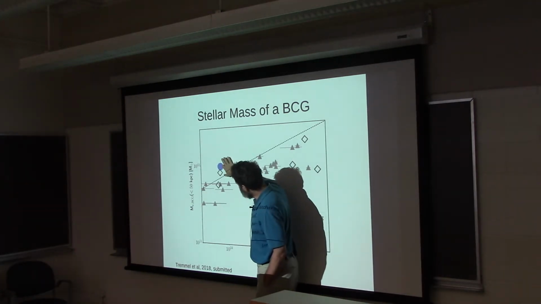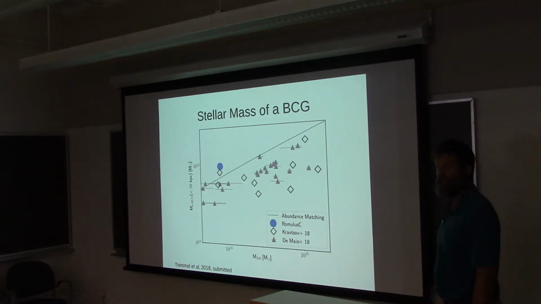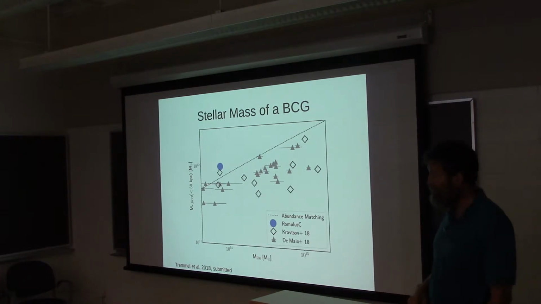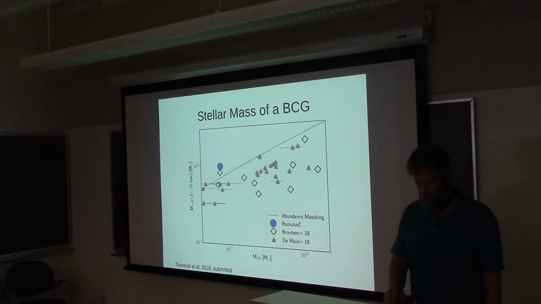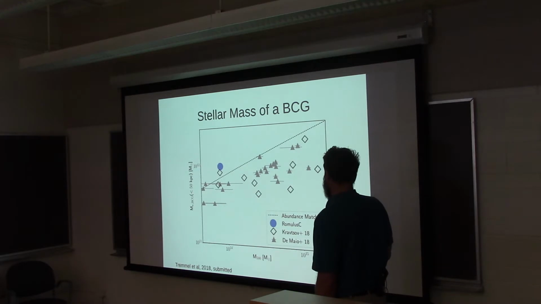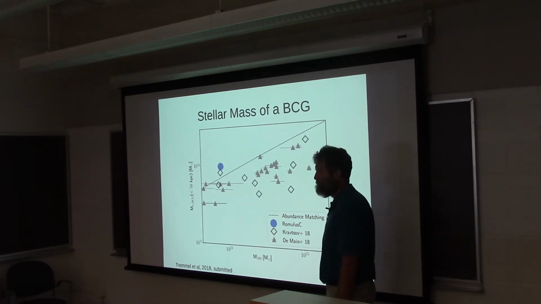It's a little above the line, but doing pretty well at getting this would be the brightest cluster galaxy in that cluster. So we're reasonably happy with that, with this prescription. And these other points are data or simulation? These points are data. Yeah.